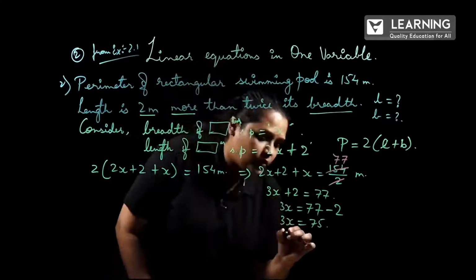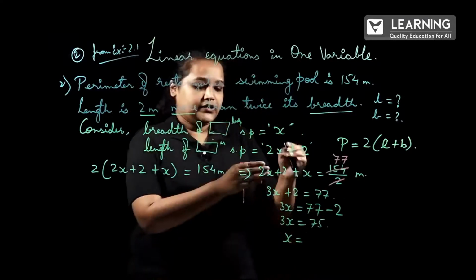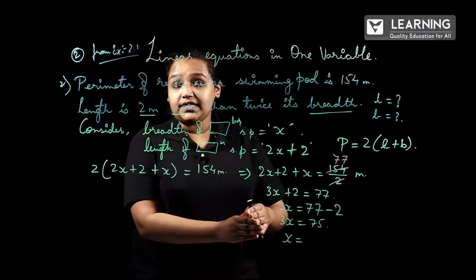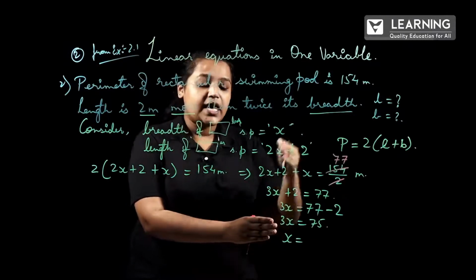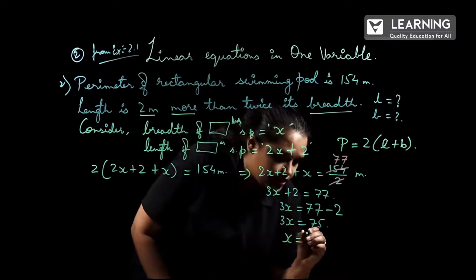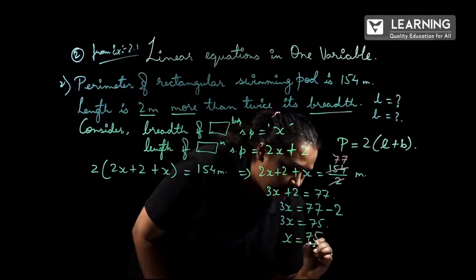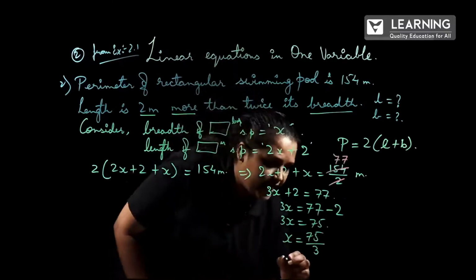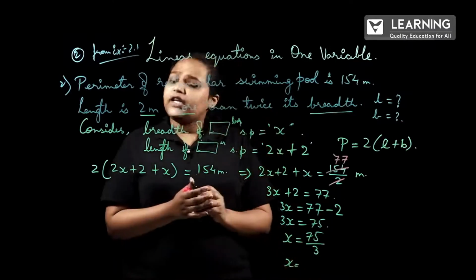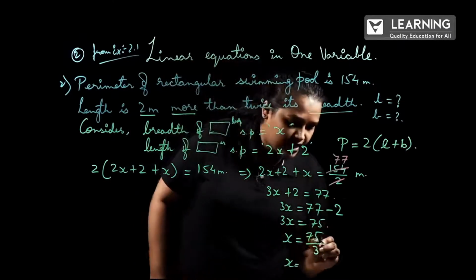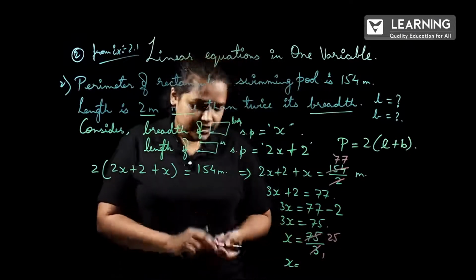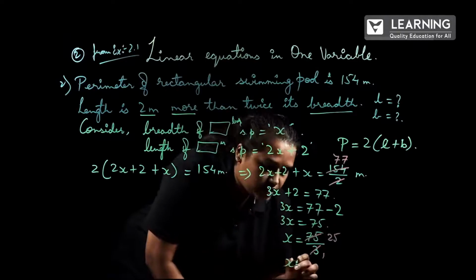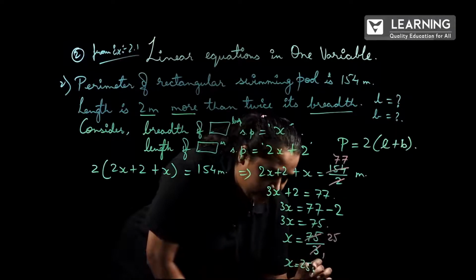Correct? Now, remove 3 from LHS and move it to RHS. This is multiplication, so it becomes division: 75 divided by 3. Can we reduce this? Yes, 3 ones are 3, 3 twos are 6, 3 fives are 15. So the value of x is 25.